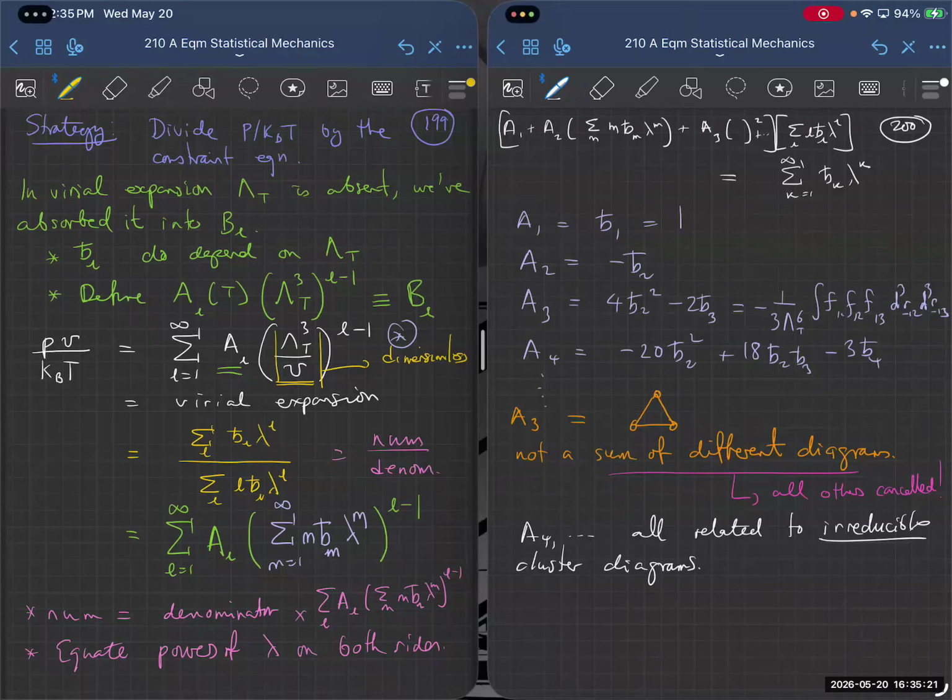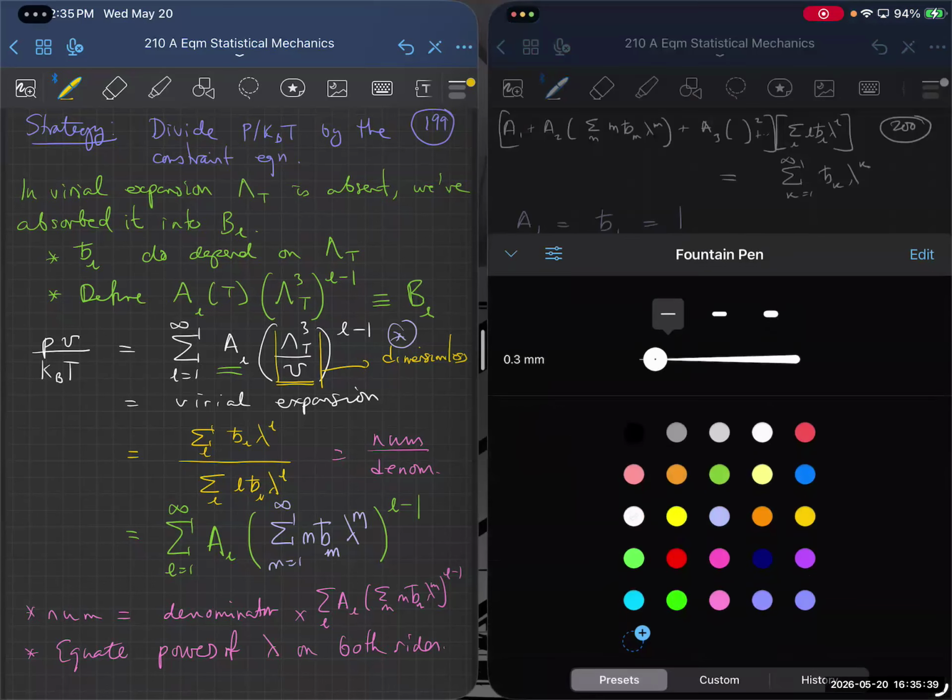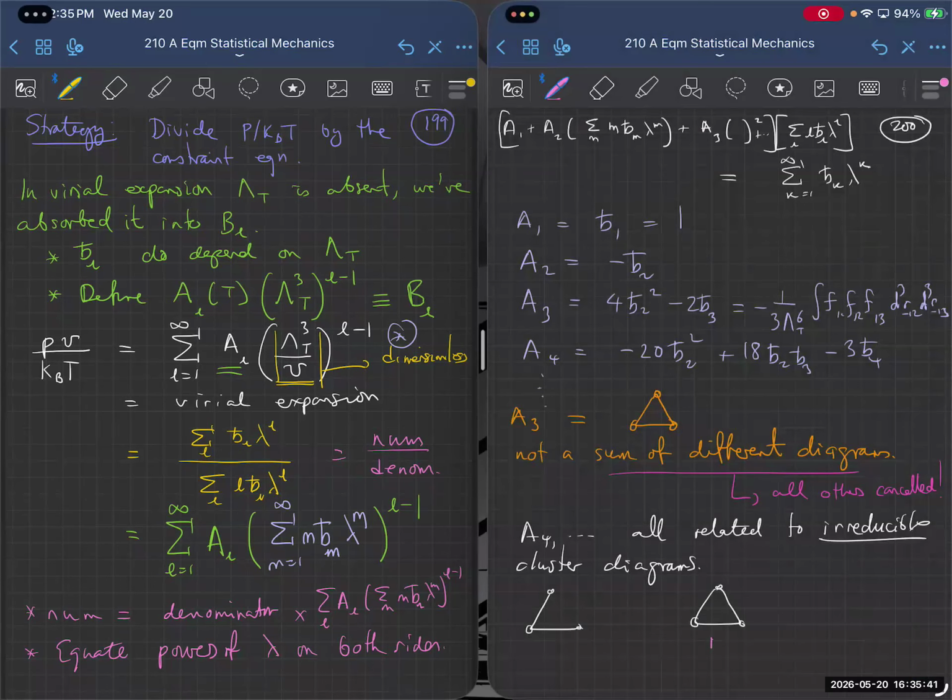And what those are is the following. If I look at the second order, here is a diagram, and here is another diagram of 3 vertices. So this one is called irreducible, and this one is called reducible.